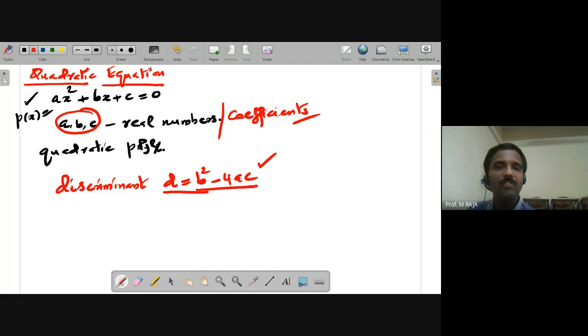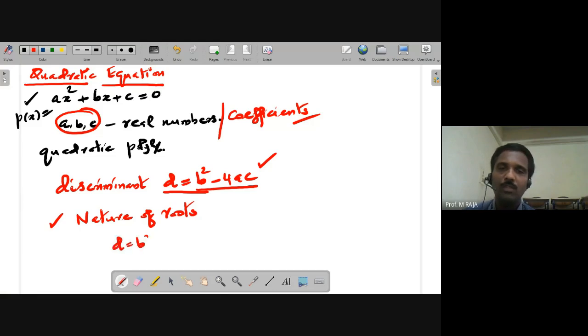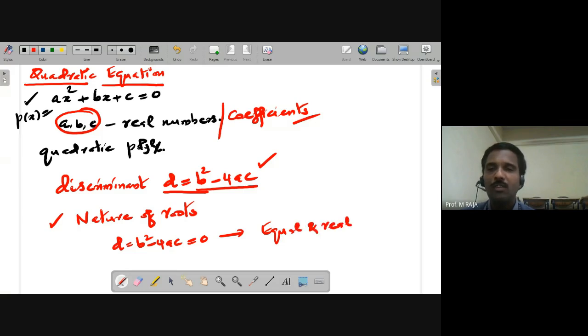Once we evaluate the value of d, based on the value of d, what can we find? We can find the nature of roots. Suppose d, which is b square minus 4ac, is equal to 0. Then the roots are equal as well as real.